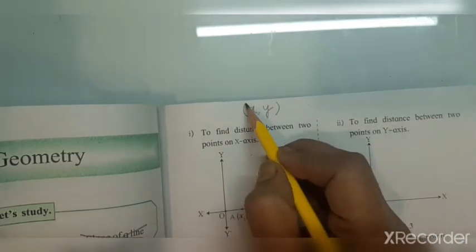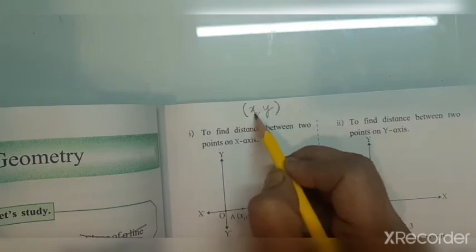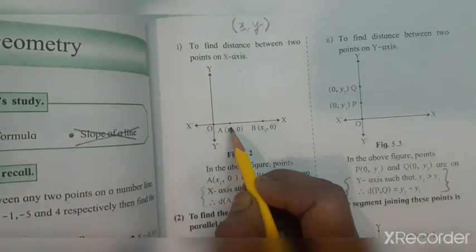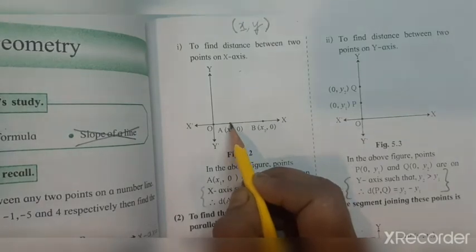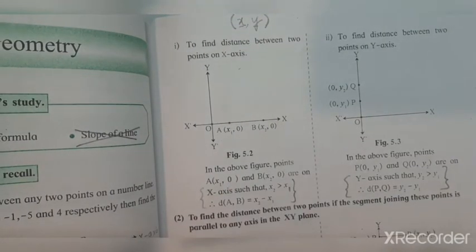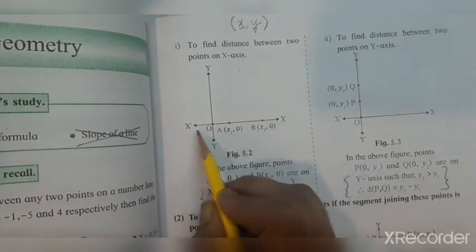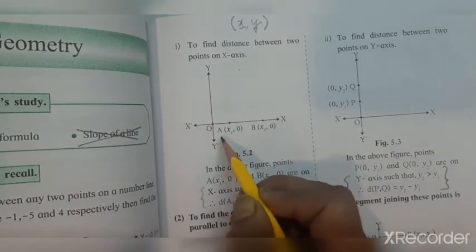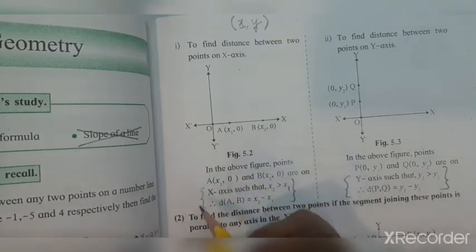Always remember we write first the x coordinate and then the y coordinate. So now here when we write the coordinates of point A, since this point A lies on the x-axis, its y-coordinate is 0.